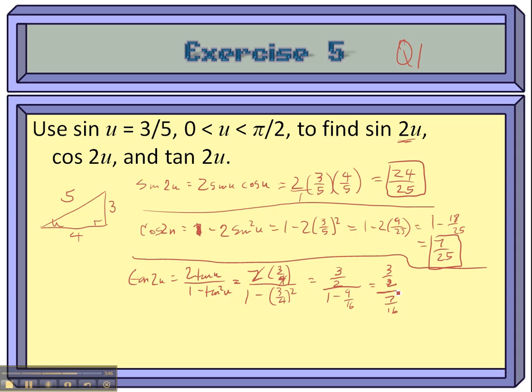Now I can just turn this into a division problem. It should be equal to 3/2 divided by 7 over 16, multiplied by the reciprocal, 3/2 times 16 over 7. Cancel this, make that an 8, which is 24/7.